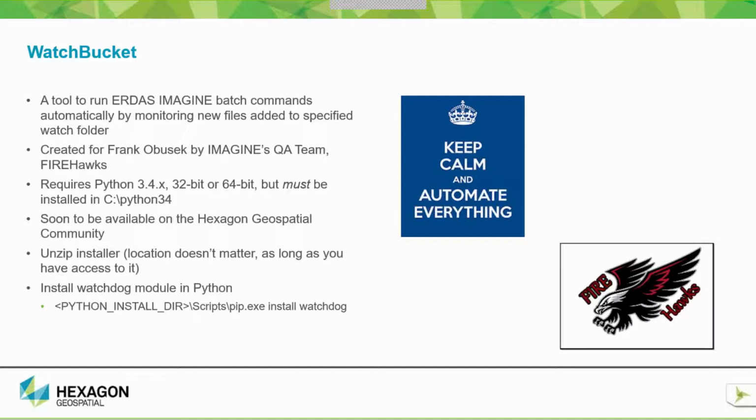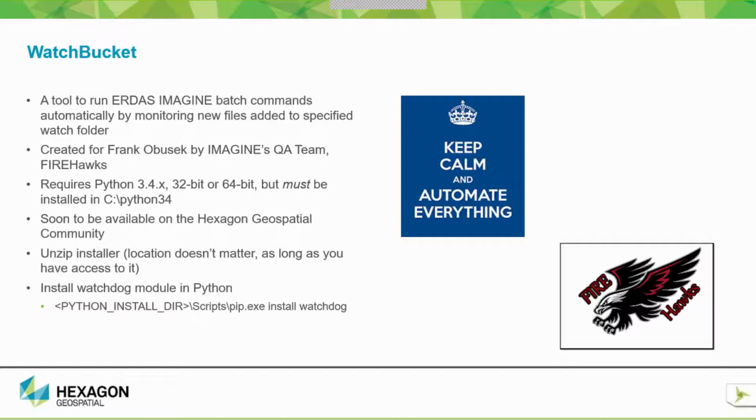This is not a product. It has the restriction that it's looking for Python to be installed in a particular location, C:/Python34. This is included. There's a zip file with this that was included in what was sent to you guys, but it will also soon be available on the Hexagon Geospatial community as an example of something that users can do.